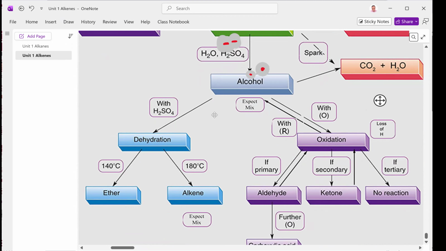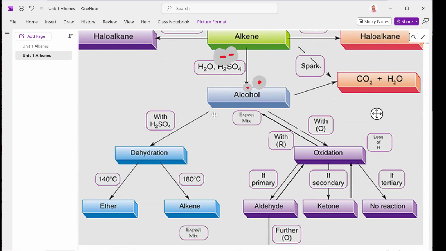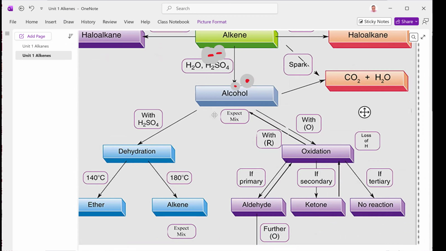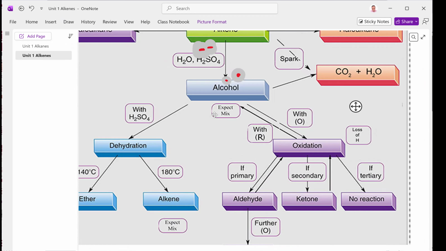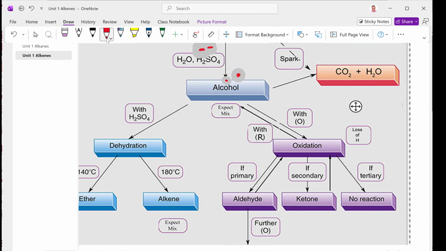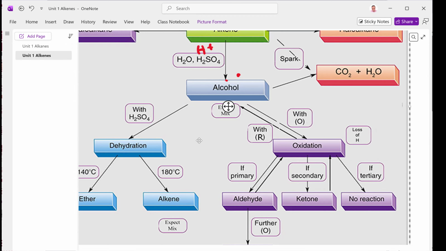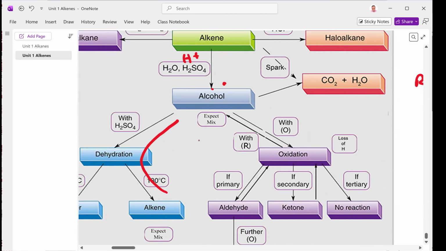I'm going to cover this when we talk about alcohols, but we can make an alkene from an alcohol. Okay, so let's practice this now.